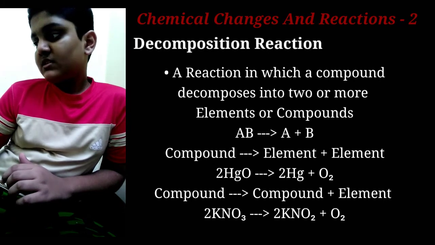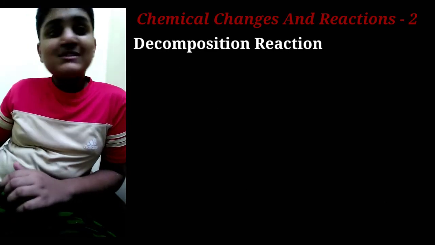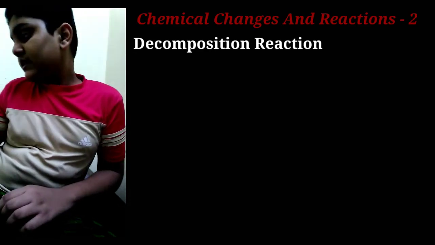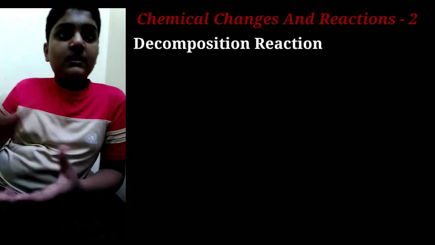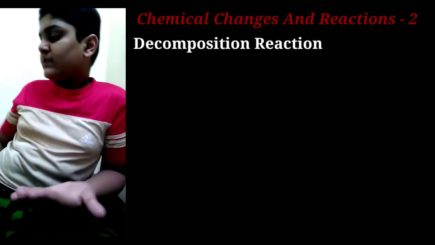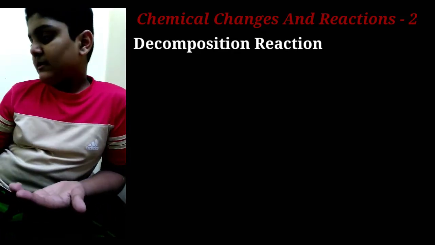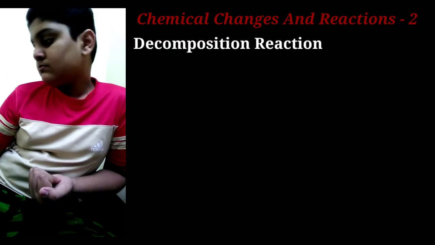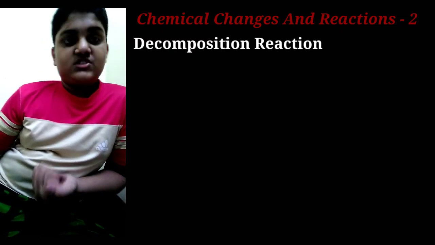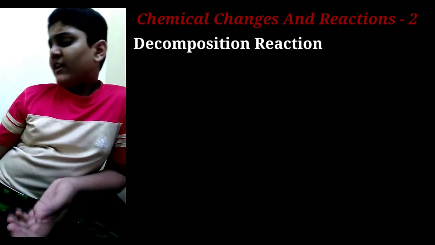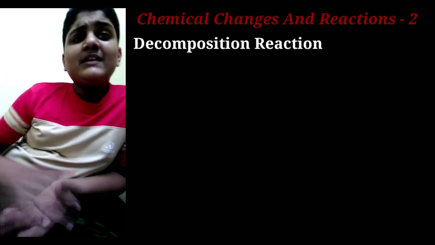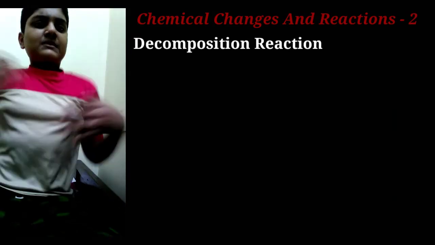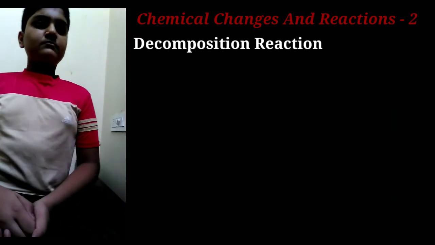So this decomposition is also divided into two types. Number one is thermal decomposition. Second is photochemical decomposition. So what do you mean by these both? Thermal decomposition. What do you mean by thermal? Something related to heat.